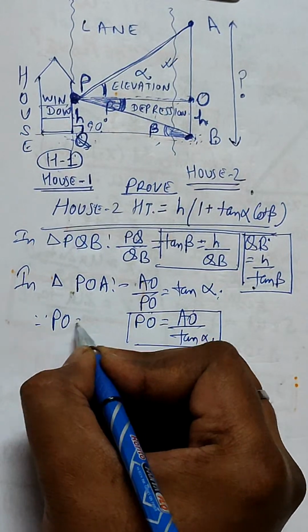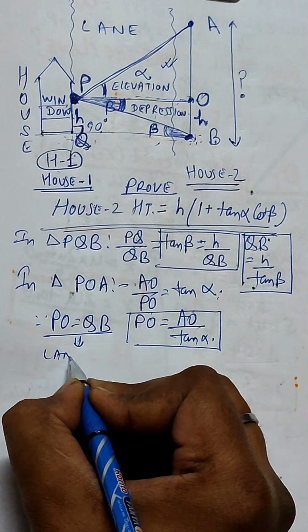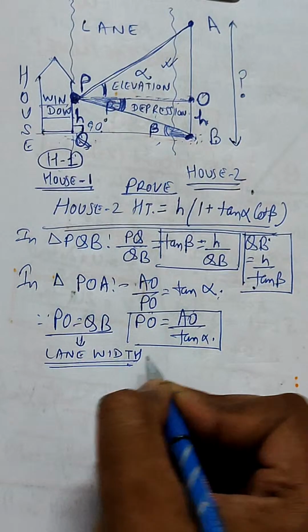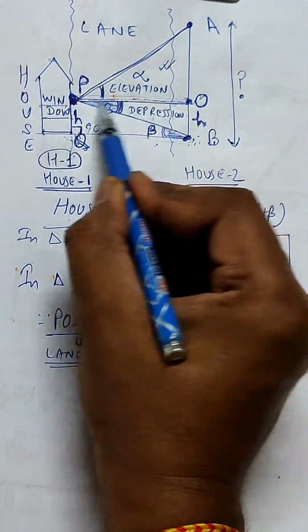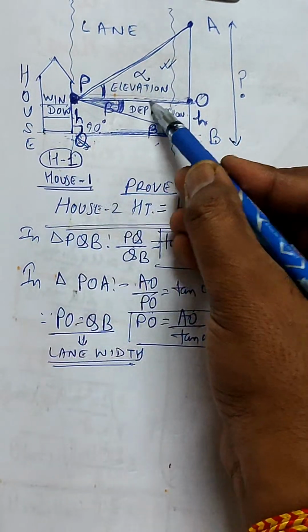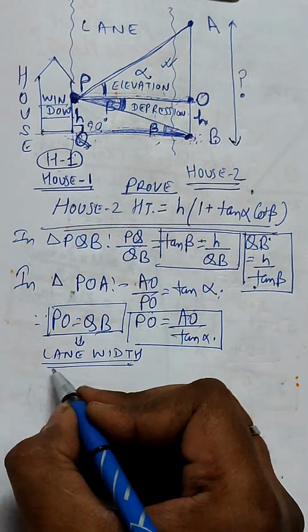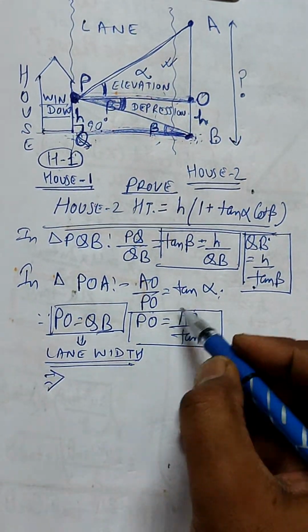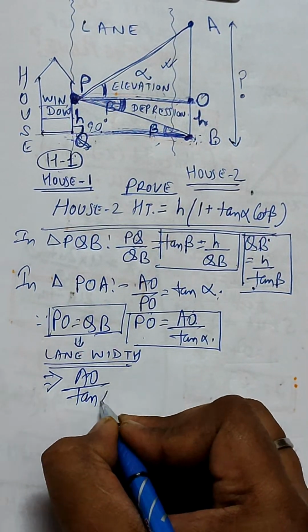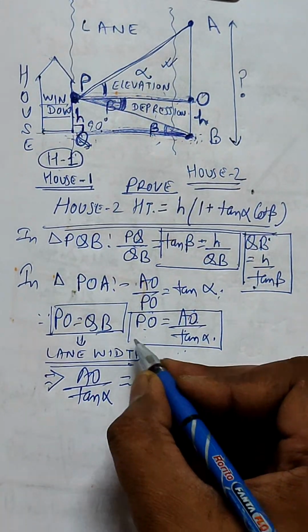Since PO equal to QB, this is the lane width, so it will be the same across. These both are equal. So AO by tan alpha, that is the value of PO which we have derived, is equal to QB.